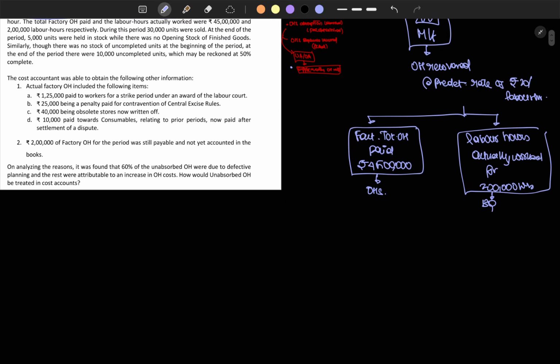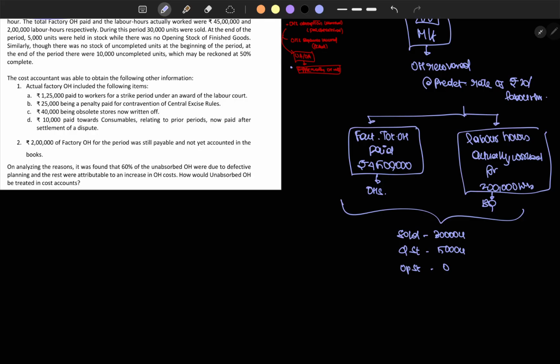During the period, there were 30,000 units sold, 5,000 units held in stock, which is closing stock, and no opening stock, 0.